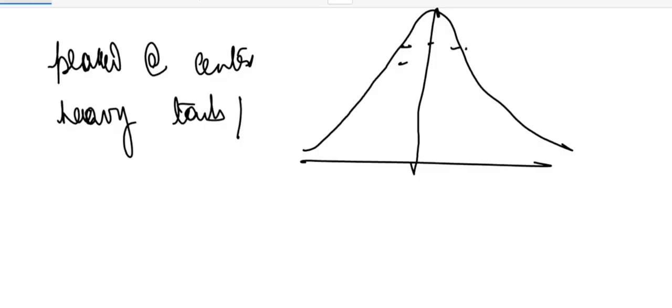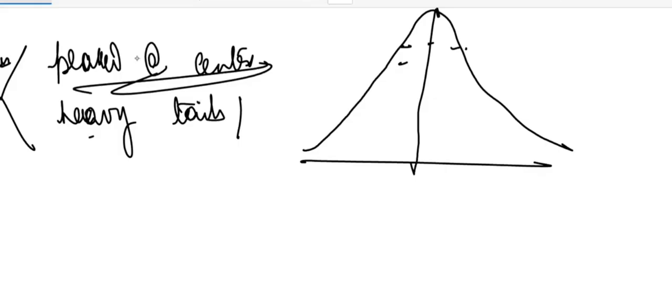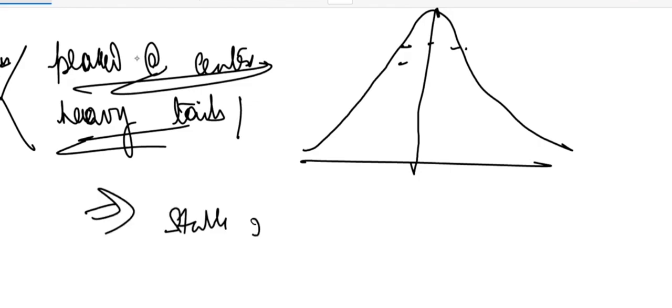So high kurtosis means two things. It is peaked at the center, which means most values are close to the average. It also has fat or heavy tails, which means more chance of extreme events. In finance, if a portfolio has high kurtosis, you will usually see stable returns, but sometimes very big surprises, either very good or very bad.